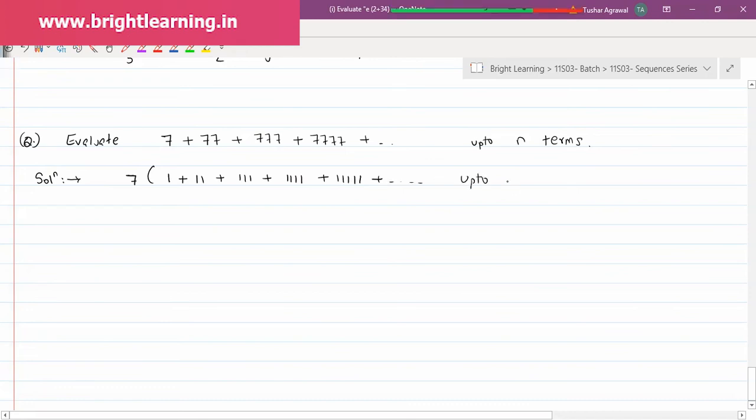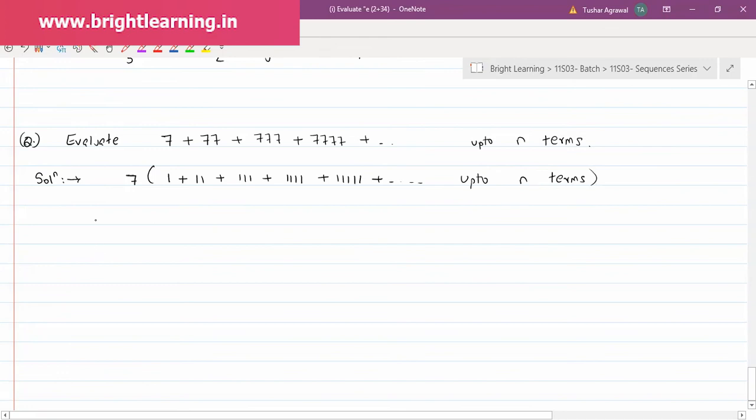Don't think that the last value will be n times 1, meaning repetition of 1 is n times. Just write it as n terms, because sometimes, if you want 10 terms, the last one will have 9 repetitions of 1. It may happen depending on the question. So it's best to just go up to n terms.